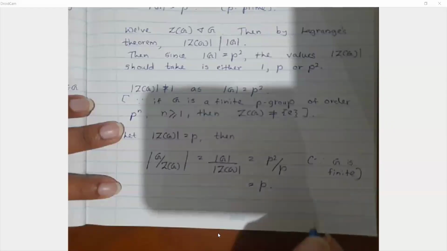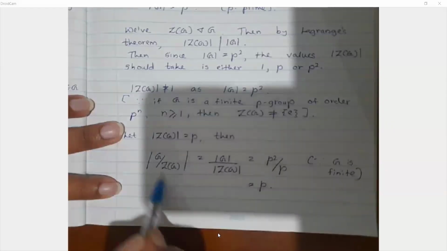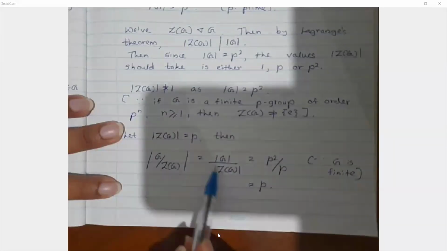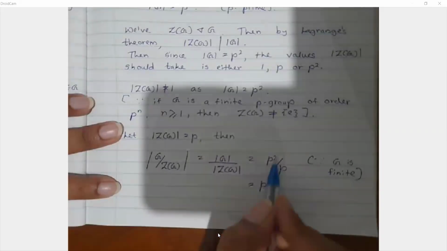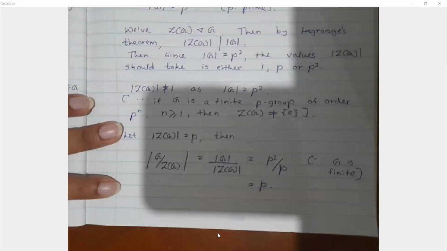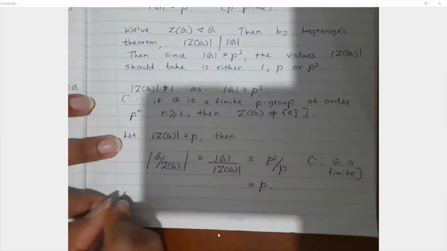This is the order of the quotient. Because G is finite, we can write it as the order of G over the order of its normal subgroup. In this case, we are simply talking about the center. This is equal to the order of G, which is p squared over p. You divide, you get p. In other words, the order of this quotient group is a prime, right?